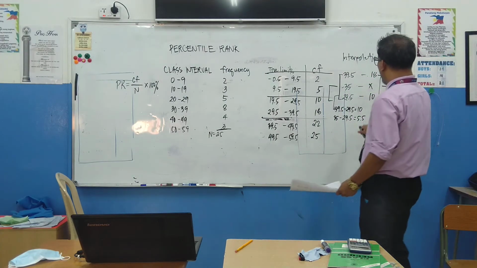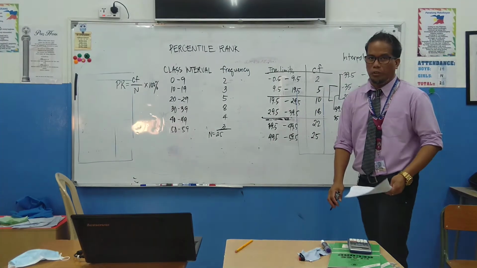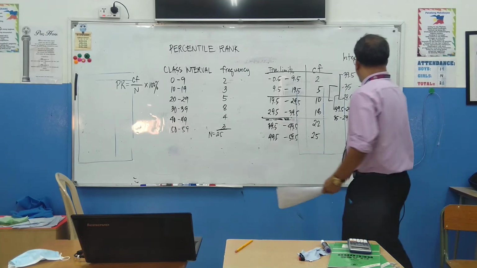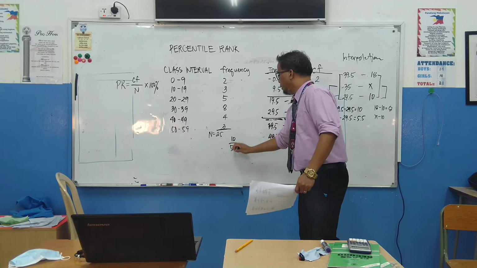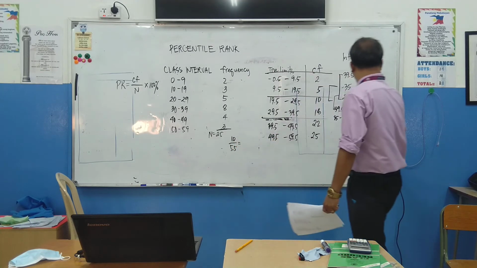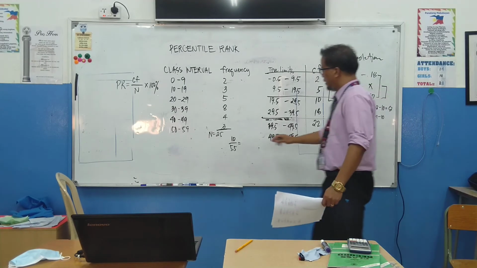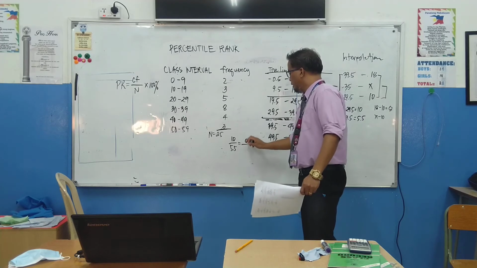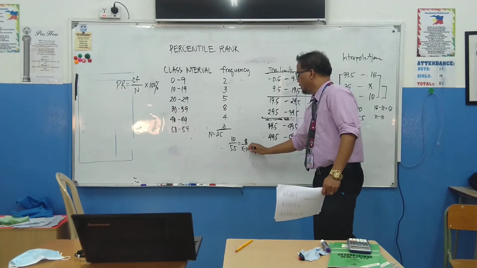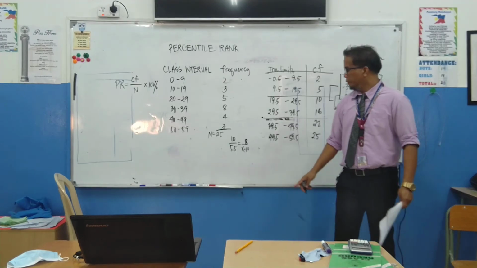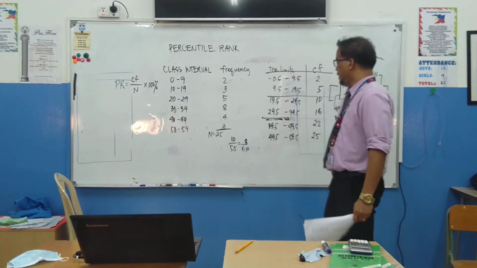Now after this, we will use ratio and proportion. Here we have 10 over 5.5 is equal to 8 over x minus 10.